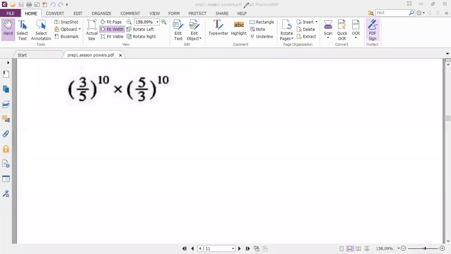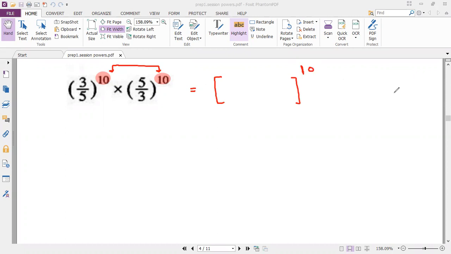If we look at this example here, we have fraction 3 over 5 raised to the power of 10, multiplied by 5 over 3 to the power of 10. Because they have the same power, the power of 10, we can multiply the two fractions and raise both of them to the power of 10.